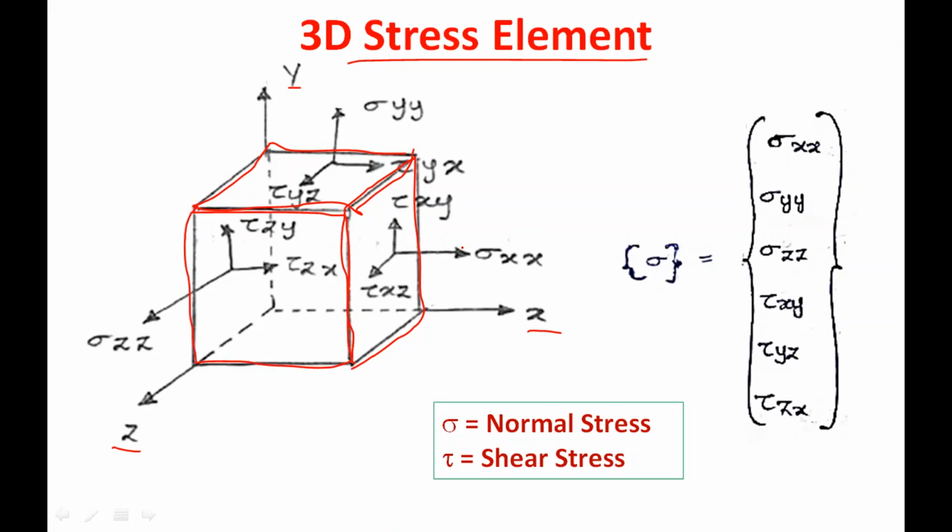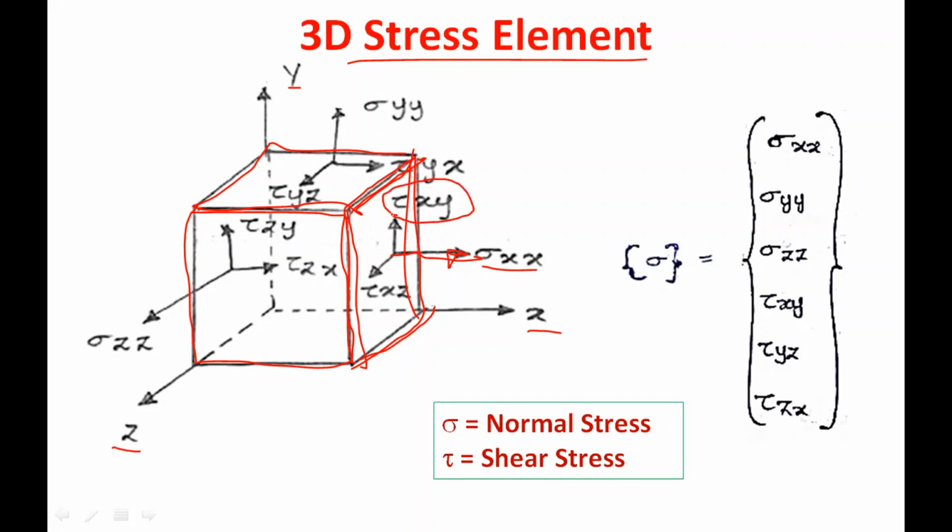For defining this stress, we need one reference plane and direction. That is why it is called a tensor. With respect to this plane, let us take this x plane. Now for this plane, the stress, there are two types of stress we are discussing. One is the stress acting perpendicular to the plane, that is called a normal stress, and the stress which is acting tangential to the plane is called as shear stress.